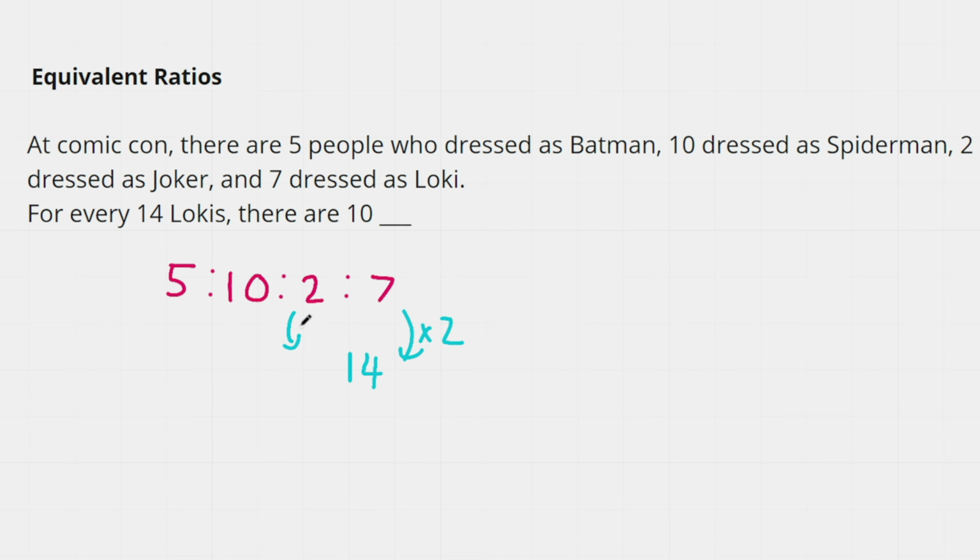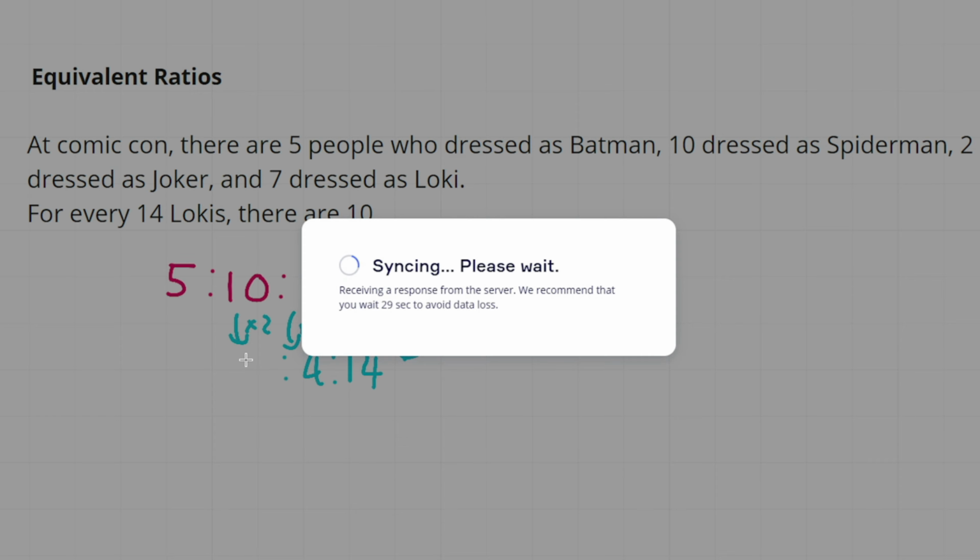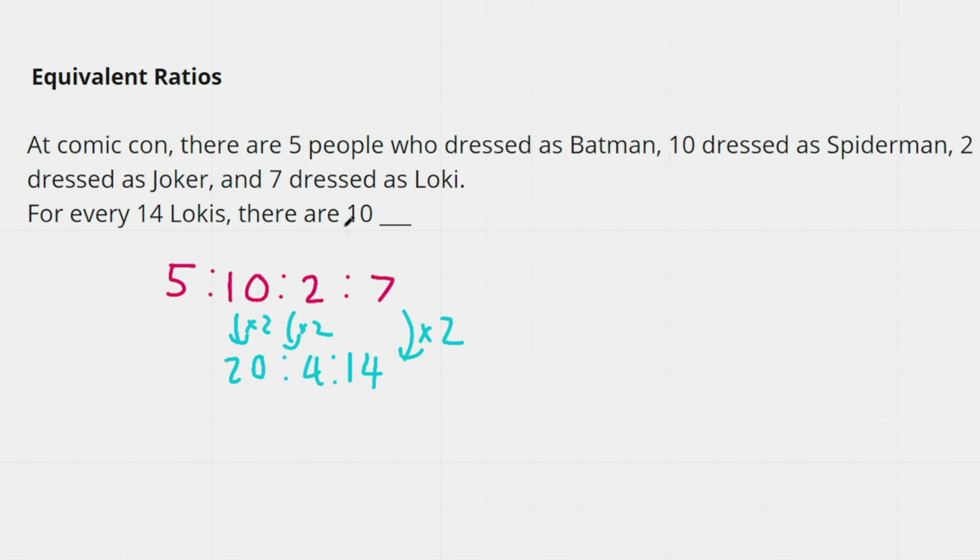Multiplied by 2 equals 4. That's not it. 10 multiplied by 2 equals 20. That's not it. 5 multiplied by 2 is 10. That's what we're looking for, so that would be Batman. So for every 14 Lokis, there are 10 Batman, or Batmen, whatever you choose to call it.